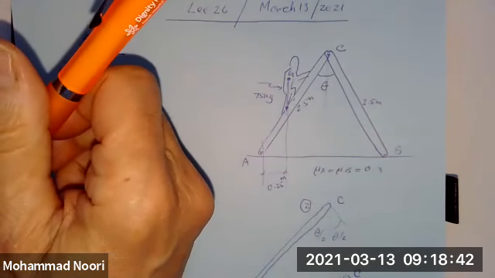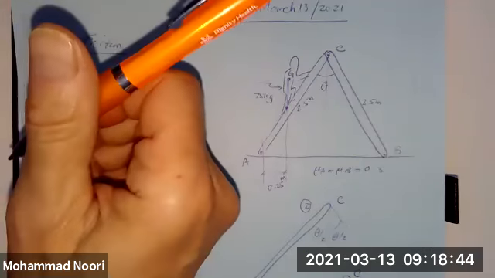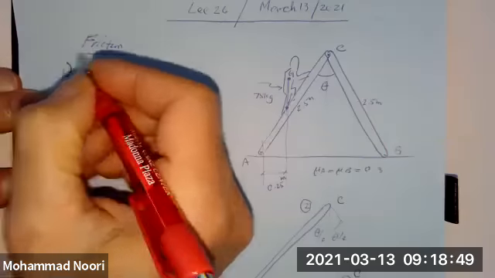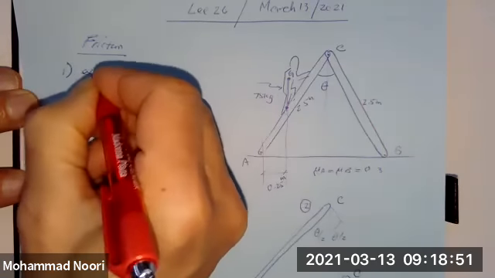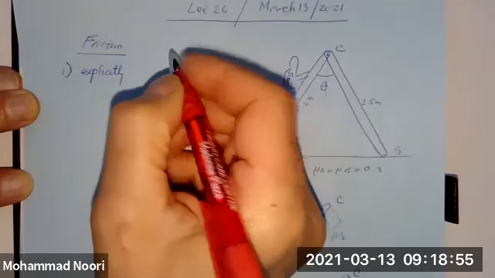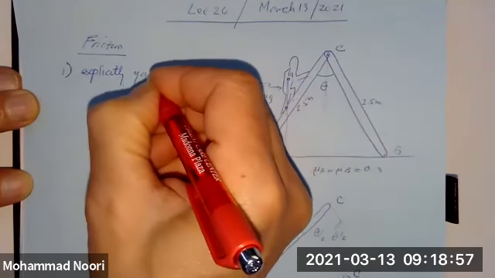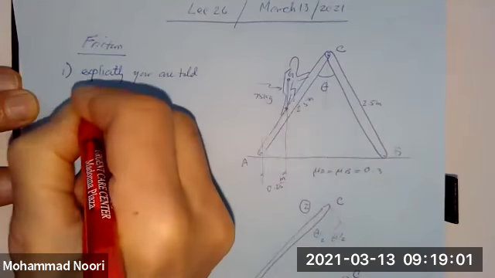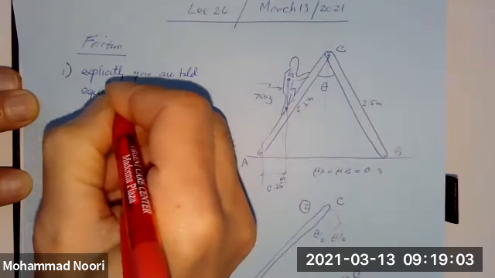The type or category number one is that you are explicitly told equilibrium exists.